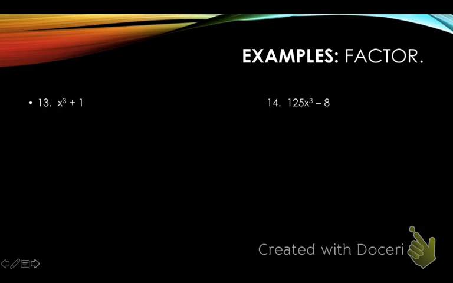Alright, so let's look at 14, because 13 is a little basic. So on 14 I have 125x to the third minus 8. So it is a difference of two cubes. Alright, so it's a cube. So I'm looking for basically the formula of whatever. I'm going to have a minus b. Then it's going to be a squared plus ab plus b squared.